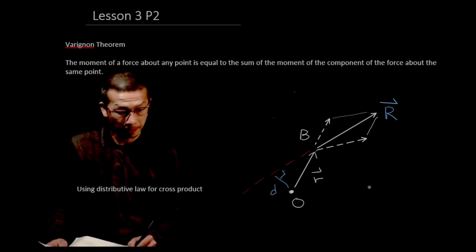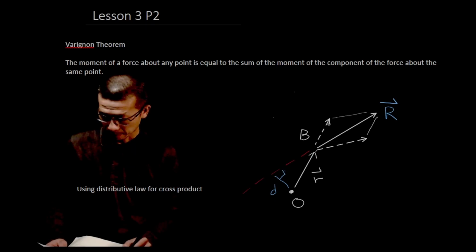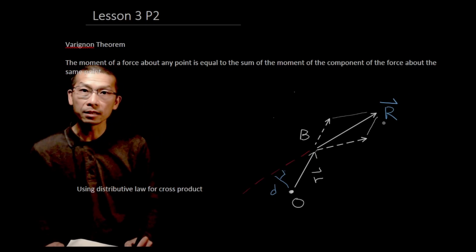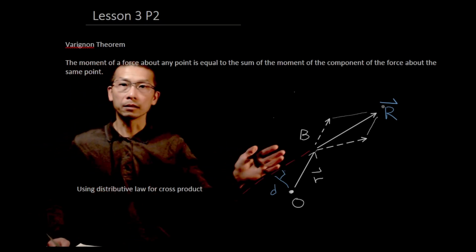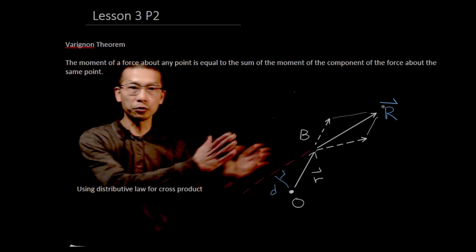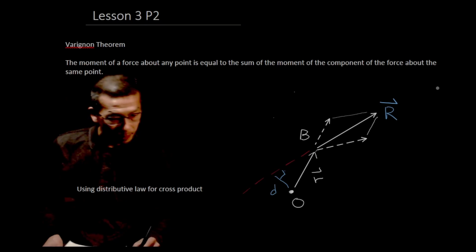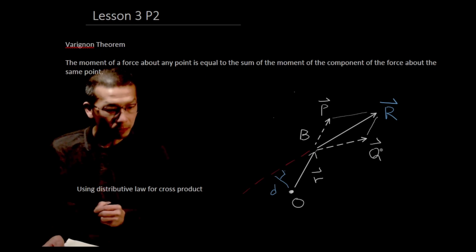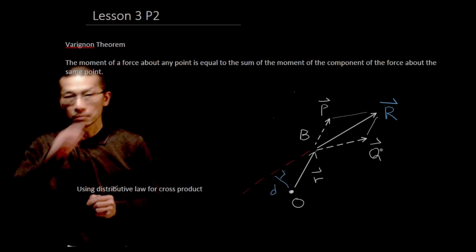All right. So this R here, you can see it's now separated into two vectors, P and Q. Right?